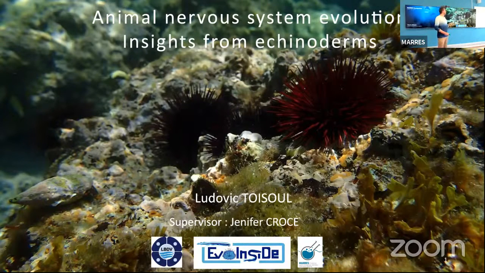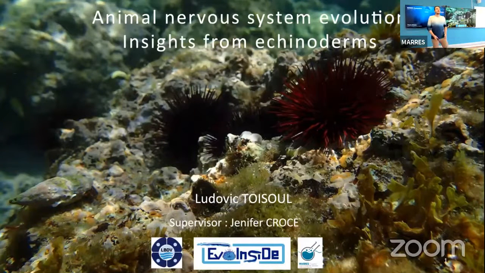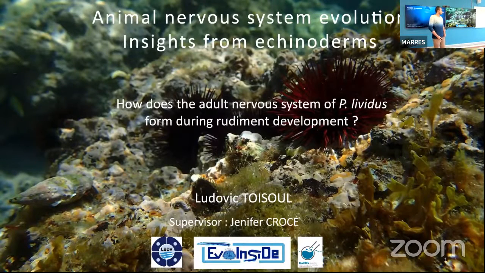My host team has been mainly working on the animal nervous system evolution topic, and to address this particular topic, they've been looking into the adult nervous system of an echinoderm, the sea urchin. So my master thesis within this research topic aimed to answer the question: how does the adult nervous system of Paracentrotus lividus form during rudiment development?